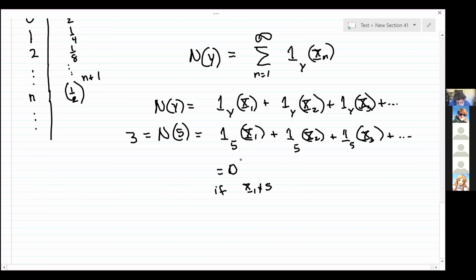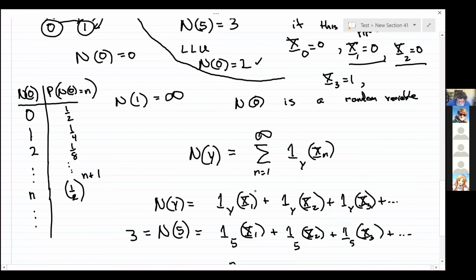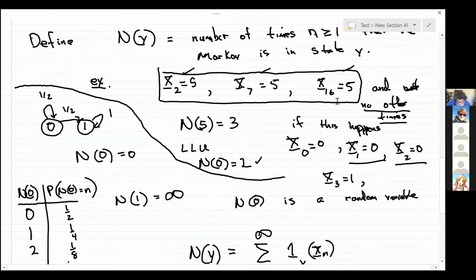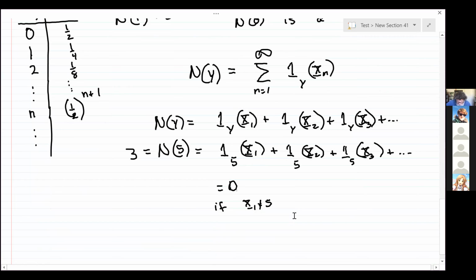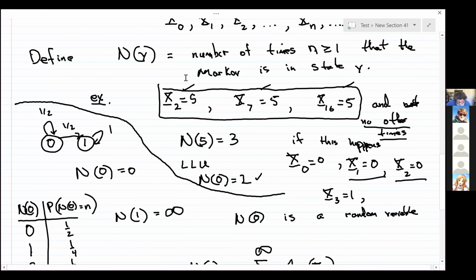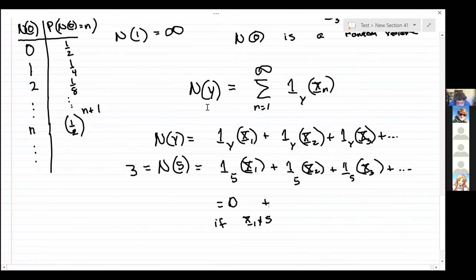That's how it's defined. And I've already told you the only times you're at 5 are the times of 2, 7, and 16. So at time 1, you're not at 5, so this is a 0. What about the next one? At time 2, are you equal to 5? Yeah, you are. So that one's a 1.